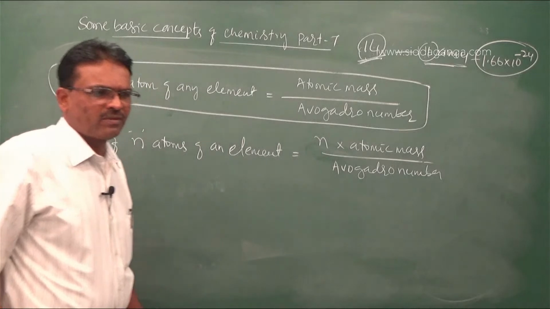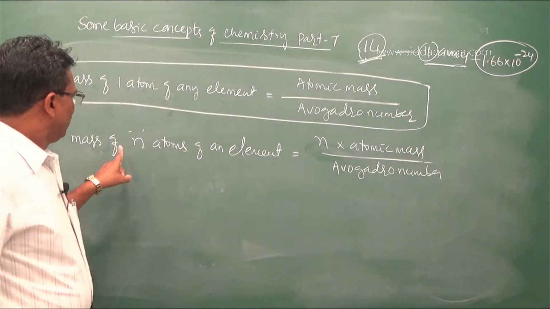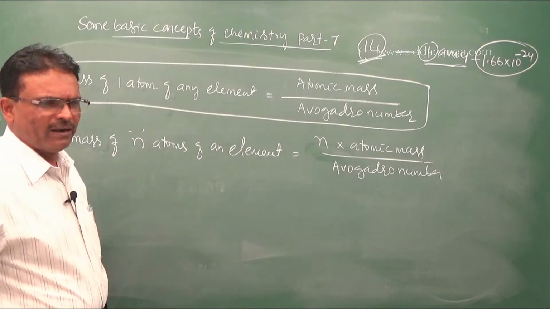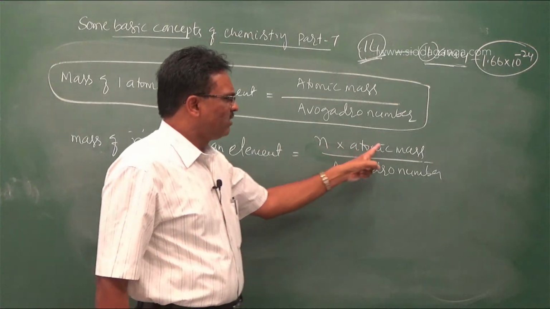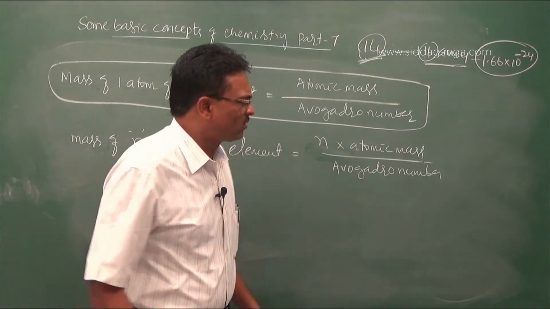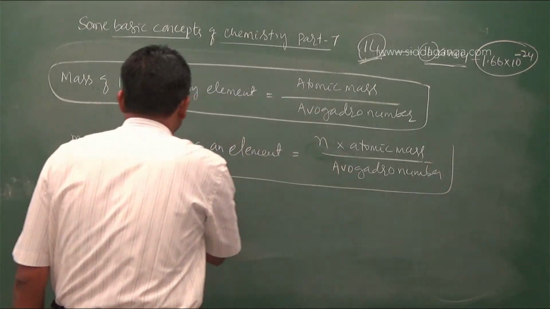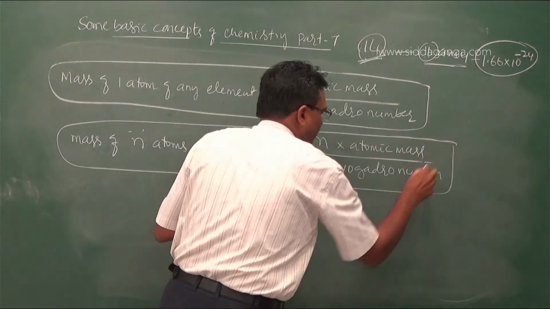Clear? This is mass of n atoms of an element is equal to n into atomic mass by Avogadro number. So this is another form. Clear?